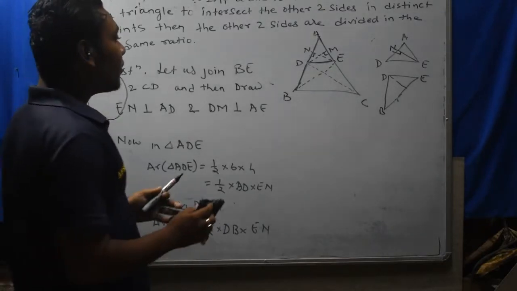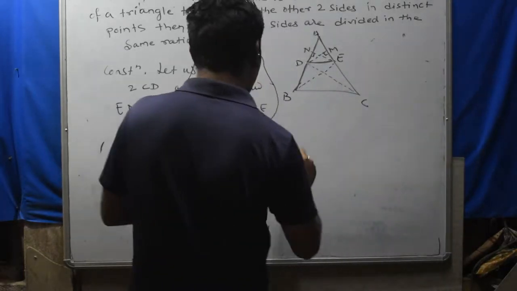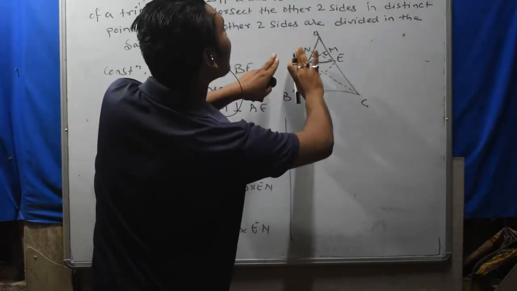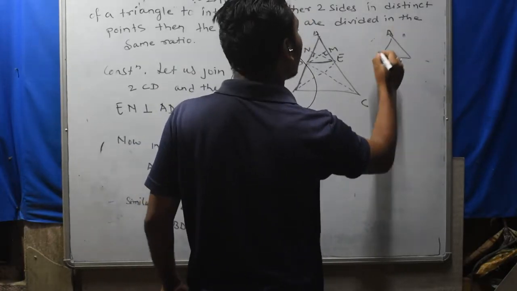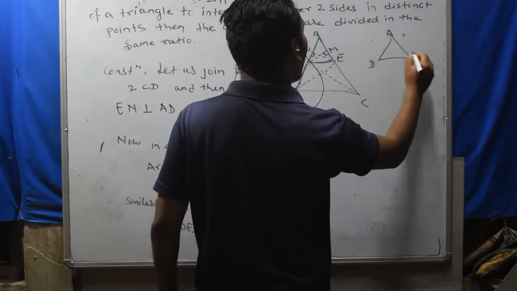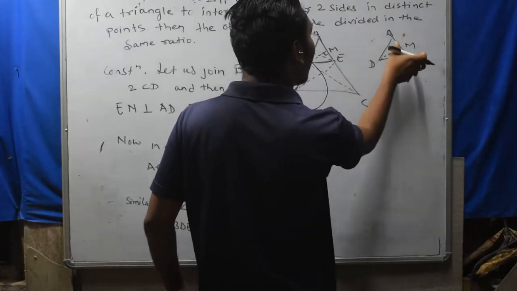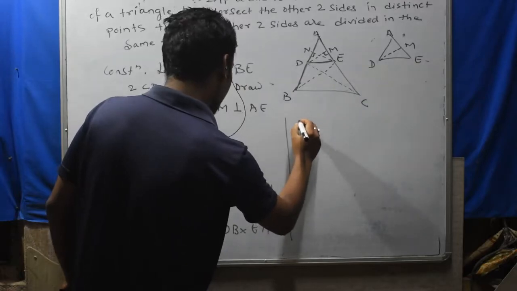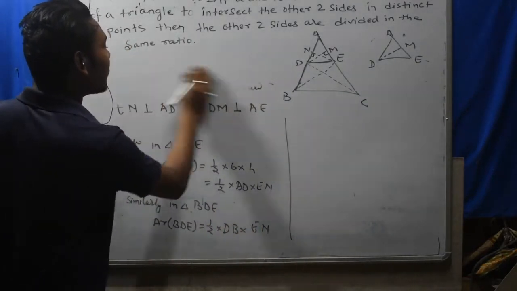So similarly, when we choose this part, again this area ADE, and this time DM is the height and AE is the base. So here we will do the ratio. So I am erasing this.